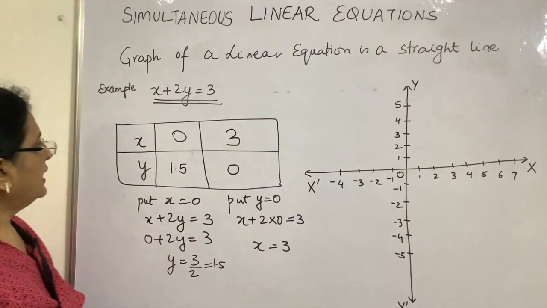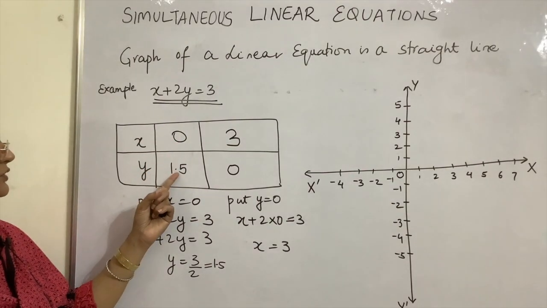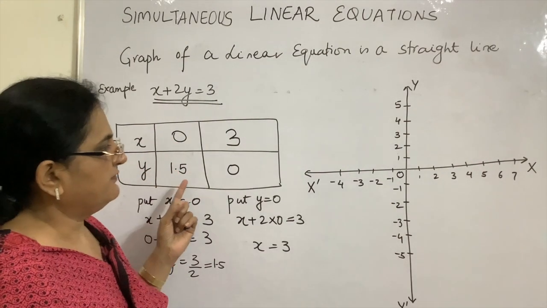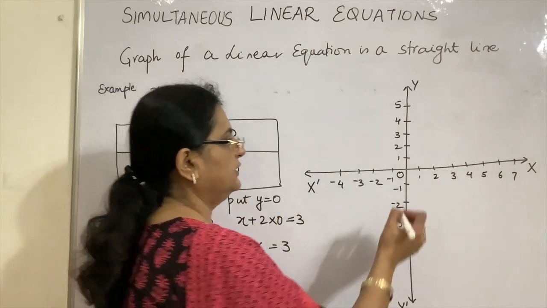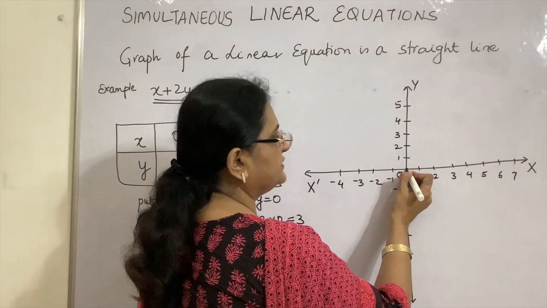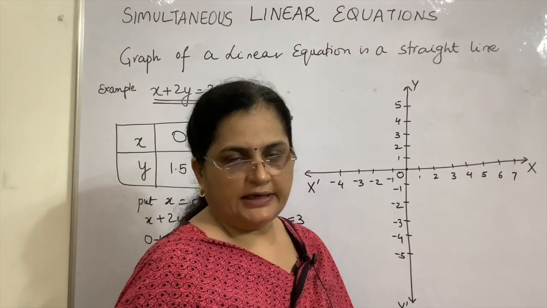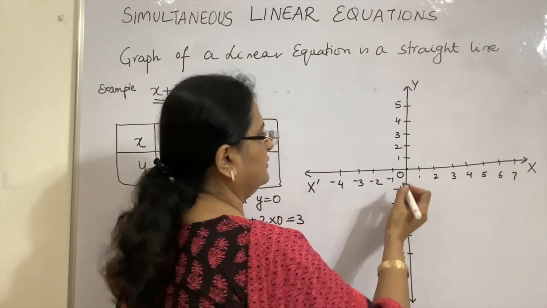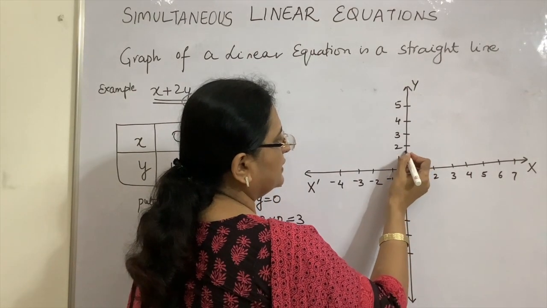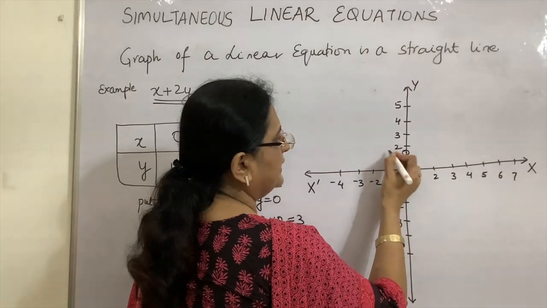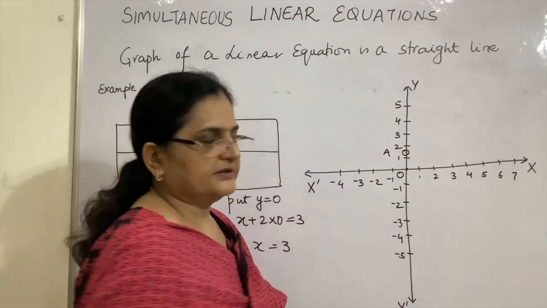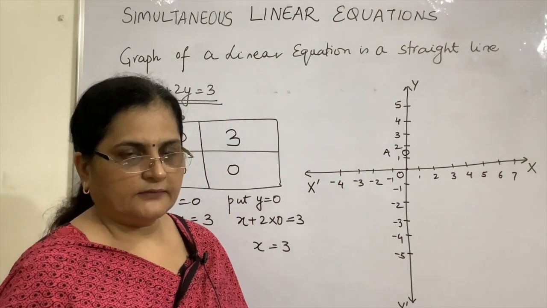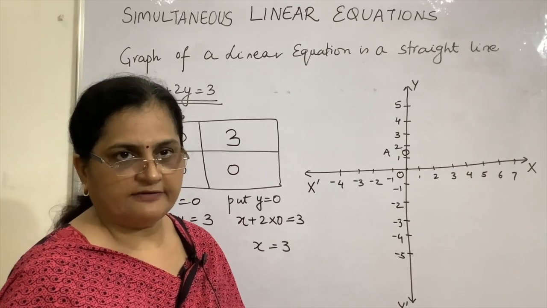Now I put x is equal to 0 and y is equal to 1.5. How to plot this? From here, x is equal to 0 and y is equal to 1.5. 1.5 means this will be the point. Let us say we get this point as A, 0 and 1.5.